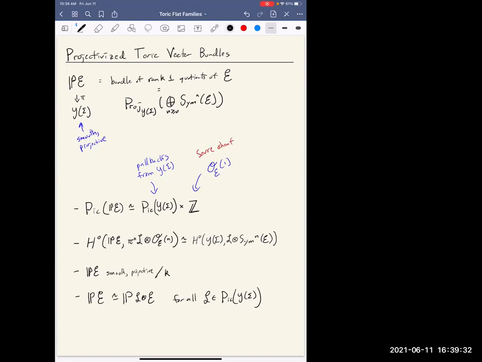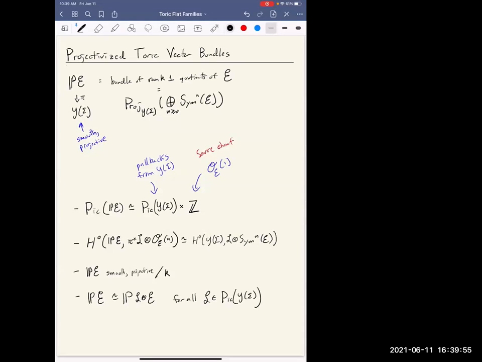So some nice facts about these spaces. We can compute the Picard group. All of the line bundles on these objects are obtained by pullback from the base, coupled with the sheaves you get for free from taking a Proj. We can also, in some sense, compute the global sections of these line bundles.